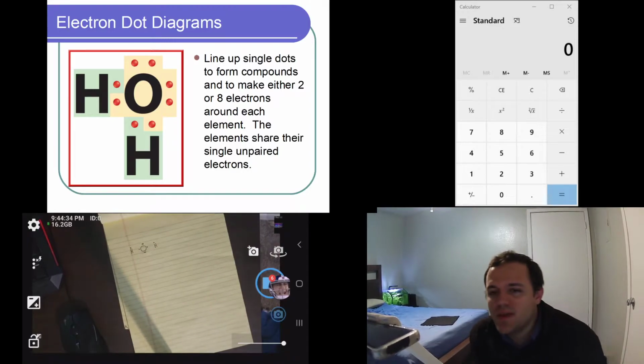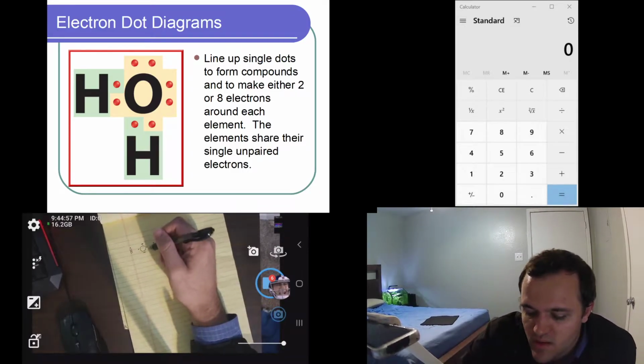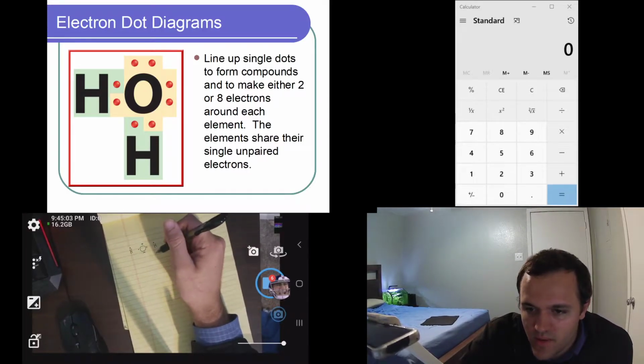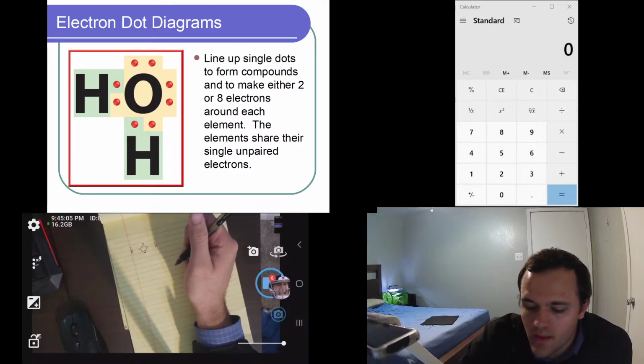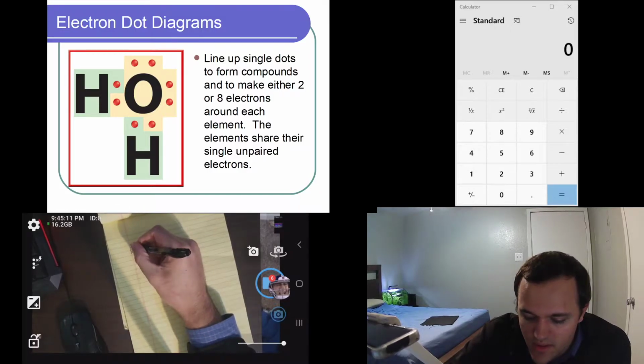Alright, and the thing with these elements is that everybody wants to have a full outer shell. That's when they are the most stable, when they're in some kind of compound where the bonds they're making allow them to have that full outer shell. So if they're in a situation like this, where oxygen has these 2 electrons that it wants to pair up and get up to 8, and the hydrogens have these 2 that they want to pair up and get up to their full outer shell, which would be 2, then they can share and form what's called a covalent bond.